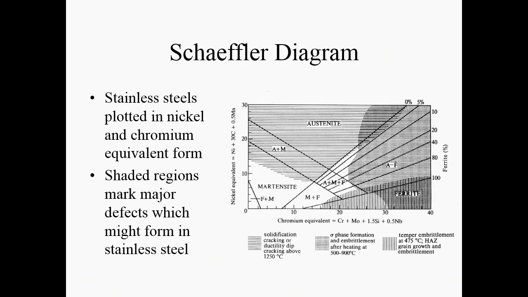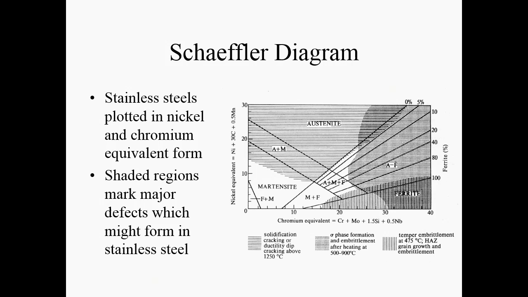Now that's all very complicated, and how do we draw this all together? If I'm given a particular steel, how do I know which one it actually is if I've got the composition? Well, there's this thing called the Schaeffler diagram after Professor Schaeffler. Everybody likes to have their name on these things, which plots nickel equivalent, so these are the austenite forming elements, against chromium equivalent, ferrite forming elements.